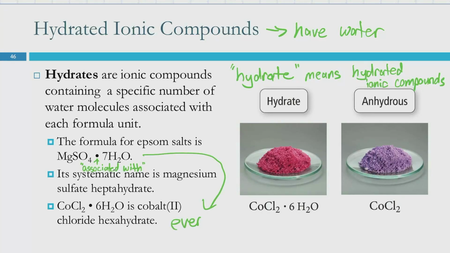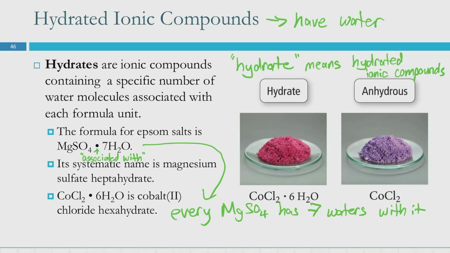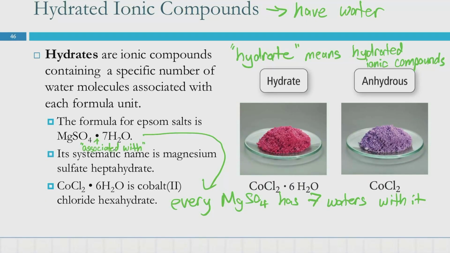So every MgSO4 has 7 waters, H2Os, with it. And oftentimes hydrates of compounds like this, the hydrate form has a different color from the anhydrous, or the without water form.